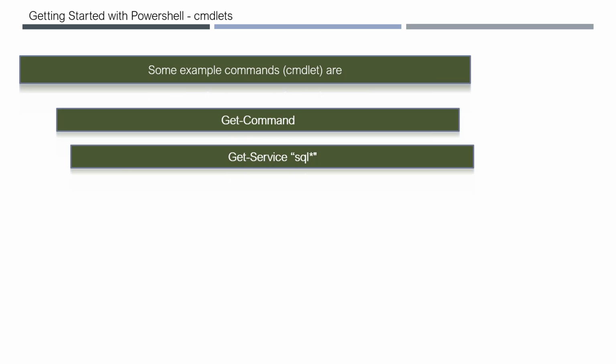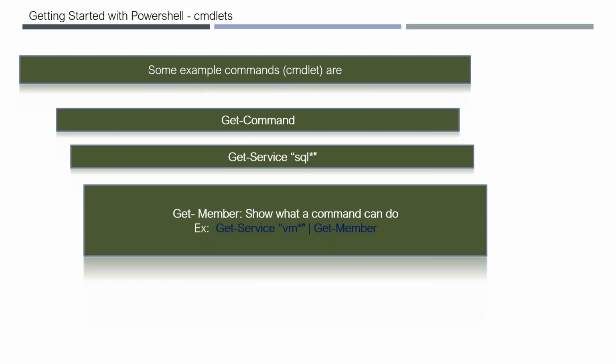You can apply that kind of search mechanism on top of your commands as well. Let us say on my laptop or on a server, there will be a number of services running, right? If we say Get-Service, it will give all the services. If I say Get-Service SQL*, then I'll get all the services whose name starts with SQL. That's how it works.